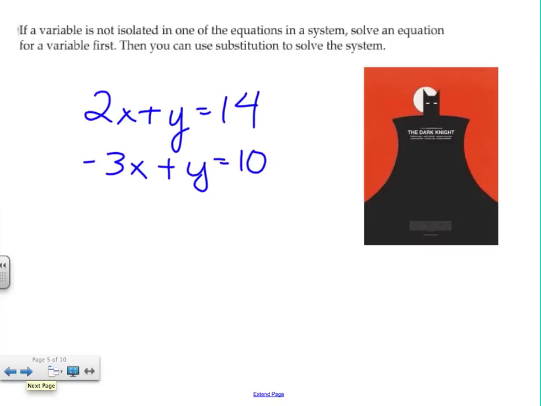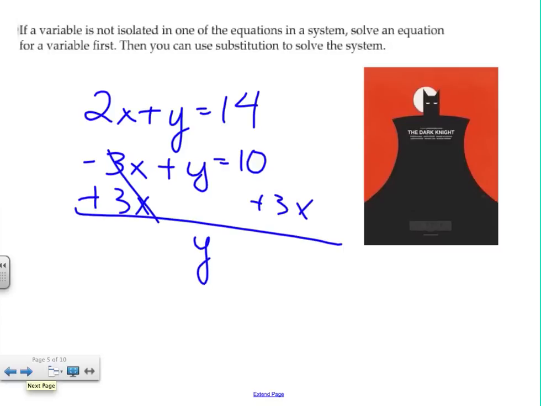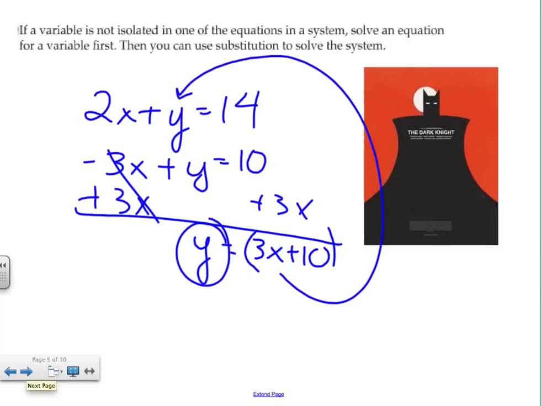So you'd have to turn one of these around, plus 3x on both sides. And you'd have to do that step first, so you had y equals 3x plus 10. Now you had a variable isolated that you could take and substitute into your other equation.